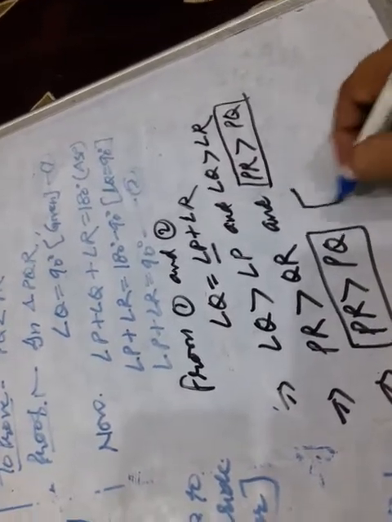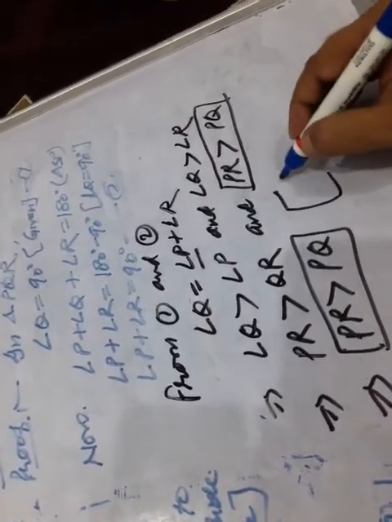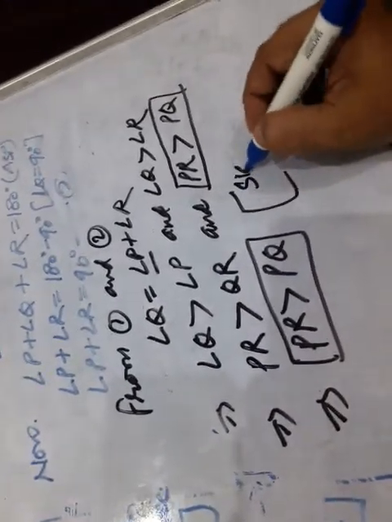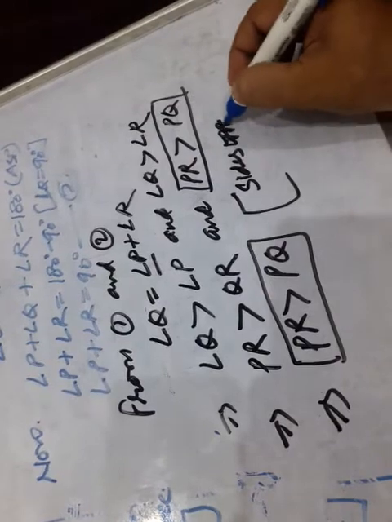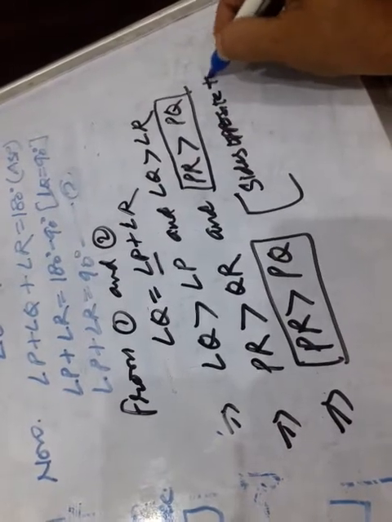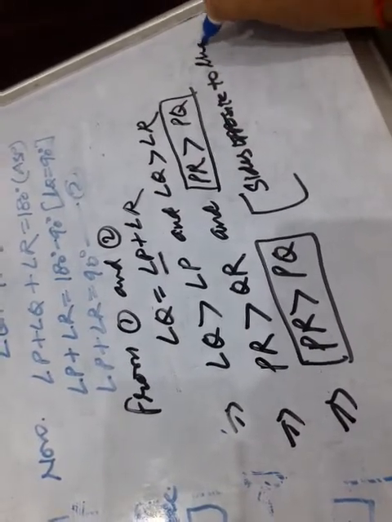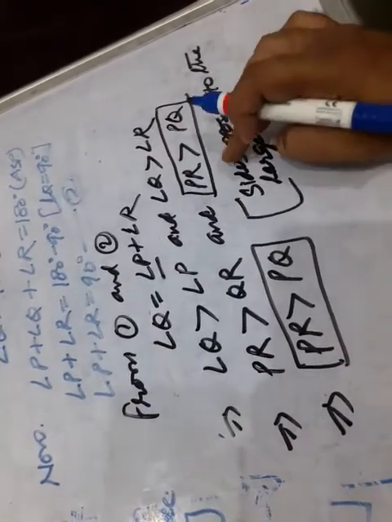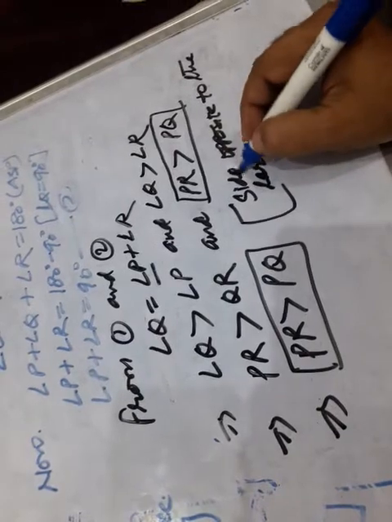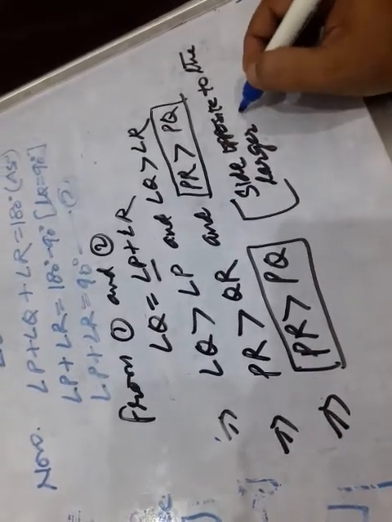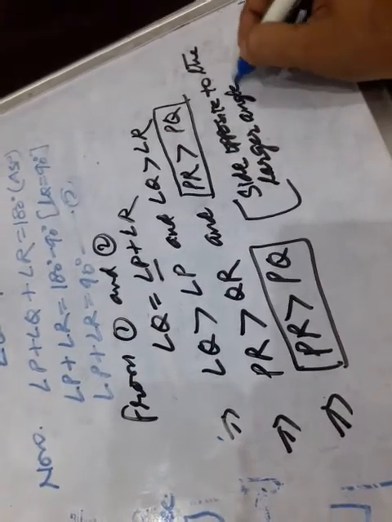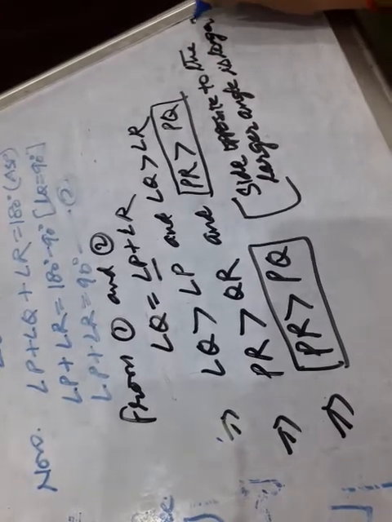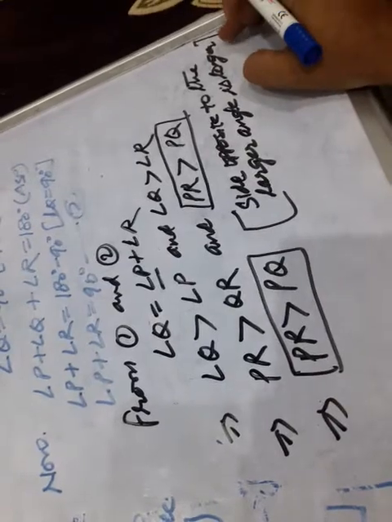Why did it happen so? Because you can write down that the side opposite to the larger angle is longer.